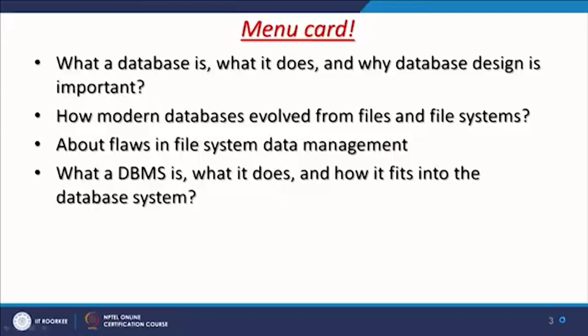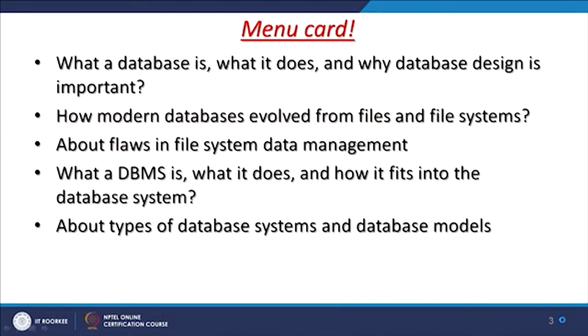So in this discussion we are going to see very briefly what is a database and how it is designed, why it is important for the GIS users, and how modern databases evolved from files to file systems, and then about flaws in file systems, means lacunas, and what a database management system is and how it fits into our GIS database system, and different types of database models which exist so far.